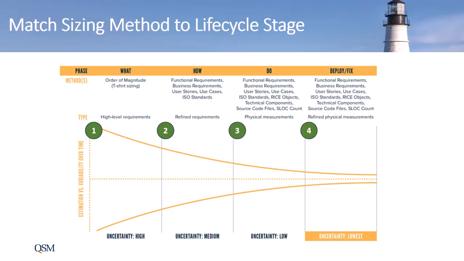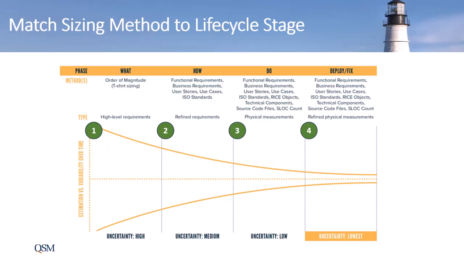During maintenance, you're dealing with problem reports, enhancement requests, patches, and source lines of code. Notice that when the project is complete, there are several options for collecting the actual software size for measuring productivity and other benchmark metrics.